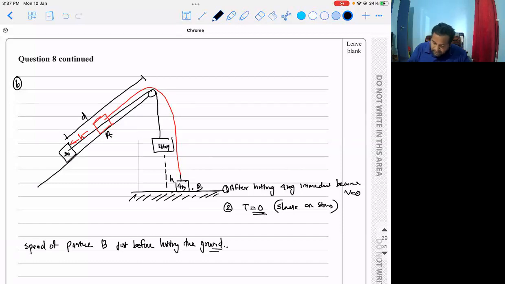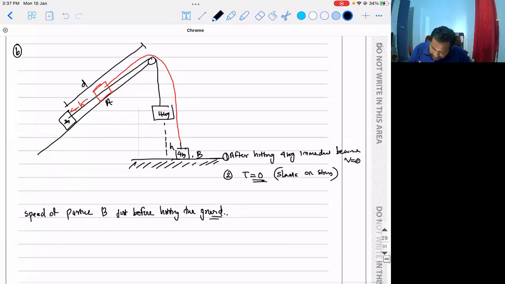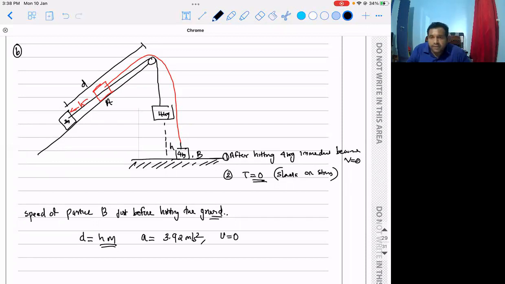How will we find it? For particle B, the distance traveled is h meter. The acceleration, we got it as 3.92 meter per second square. And the initial velocity, because it's starting from 0, was 0.